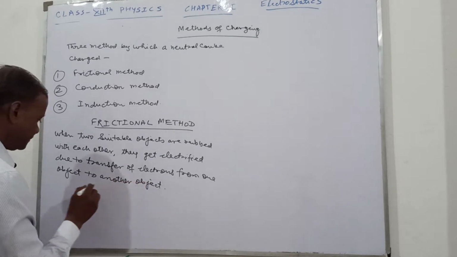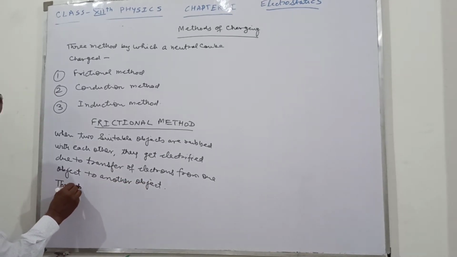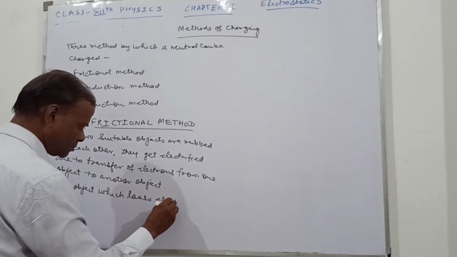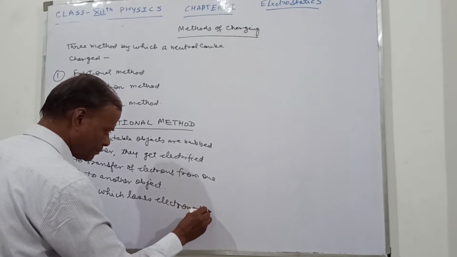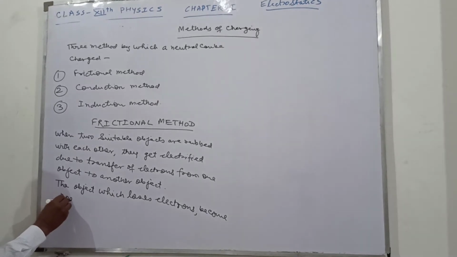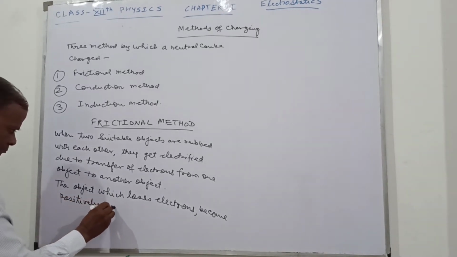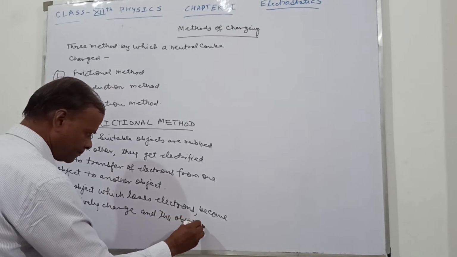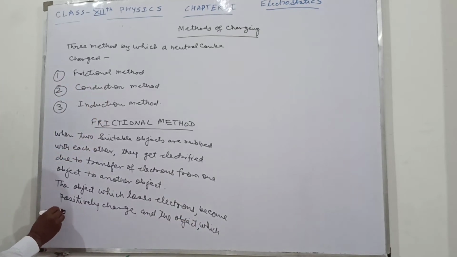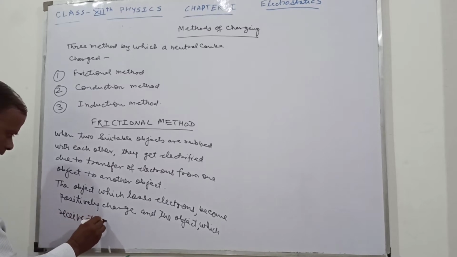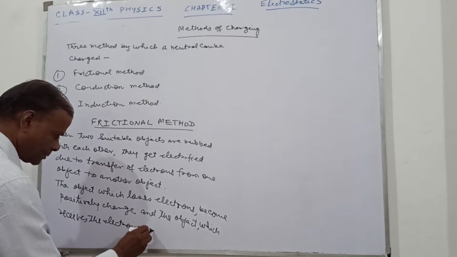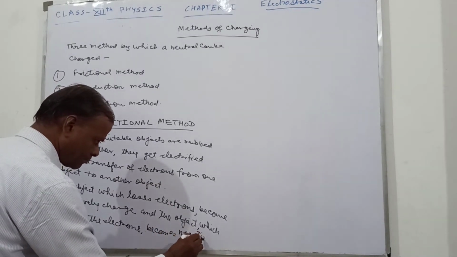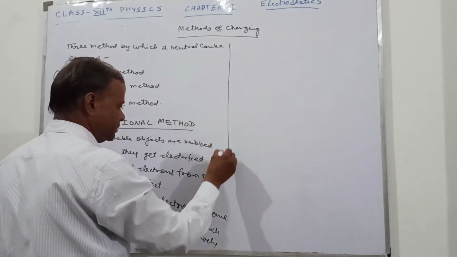So the object which loses electrons becomes positively charged, and the object which receives the electrons becomes negatively charged.